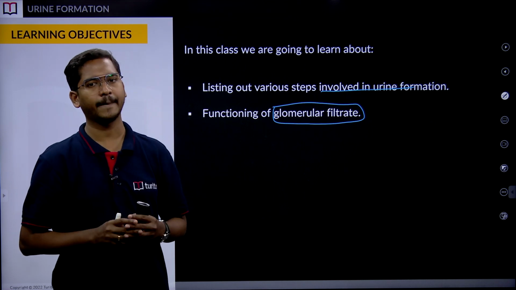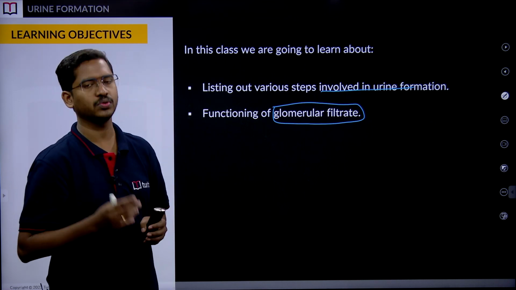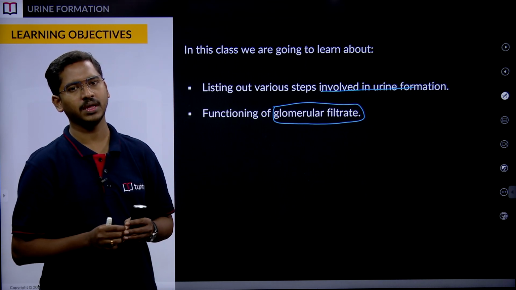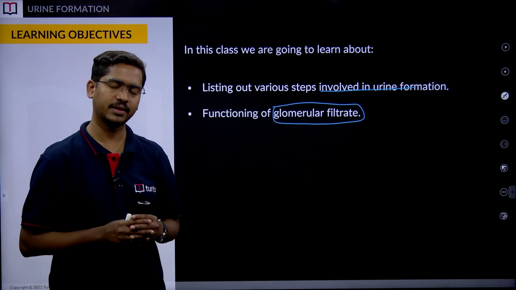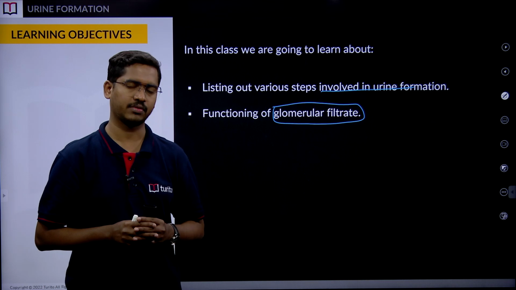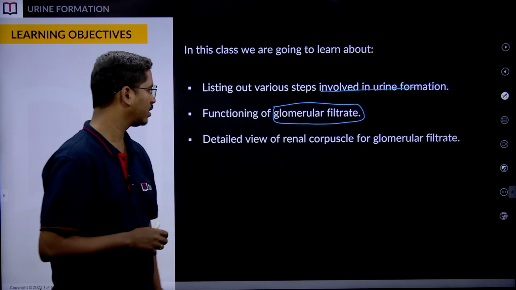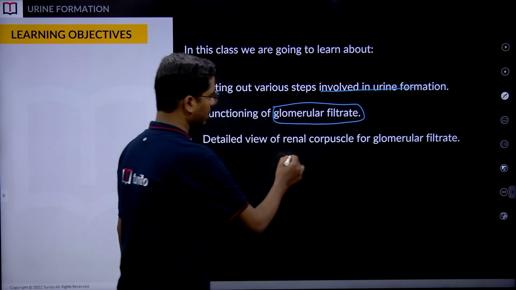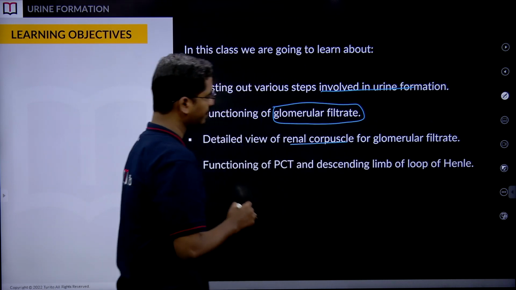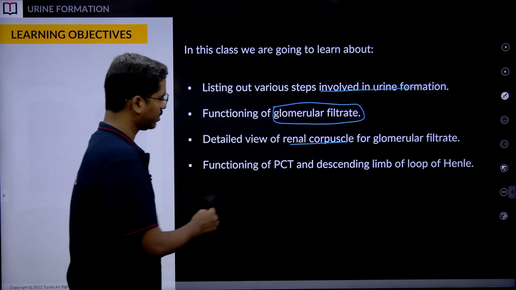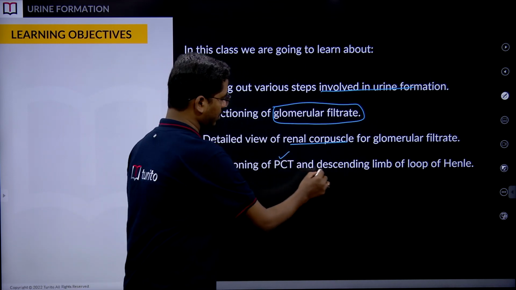Do you remember that? Our story for today's session starts from that Bowman's capsule and the network of arteries, where it forms the glomerular filtrate, and we will also have a detailed view of the renal corpuscle, following which we will look at the functioning of the PCT and the descending loop of Henle.